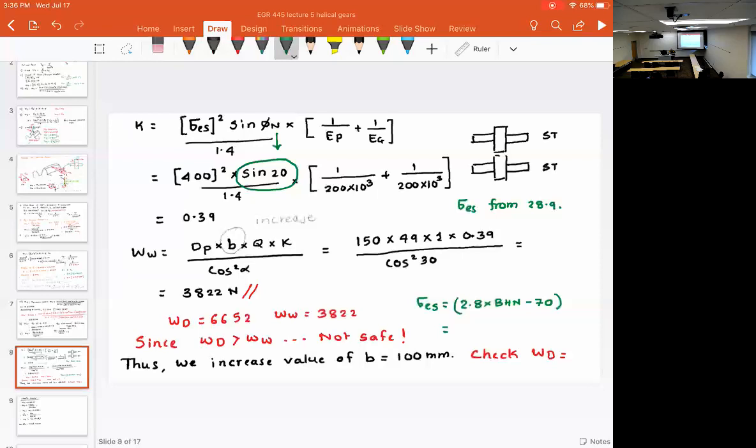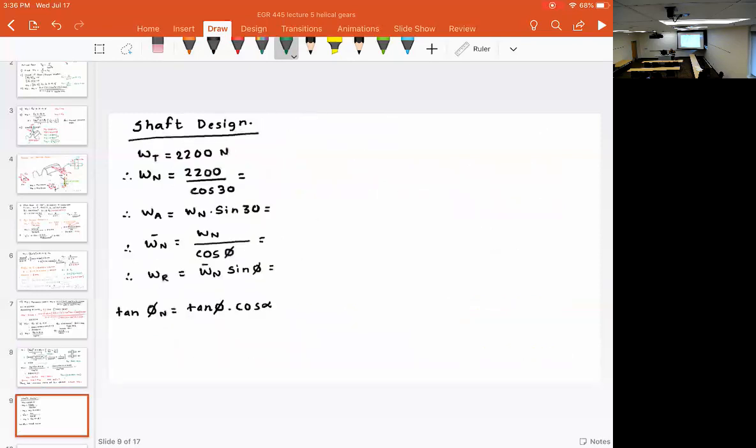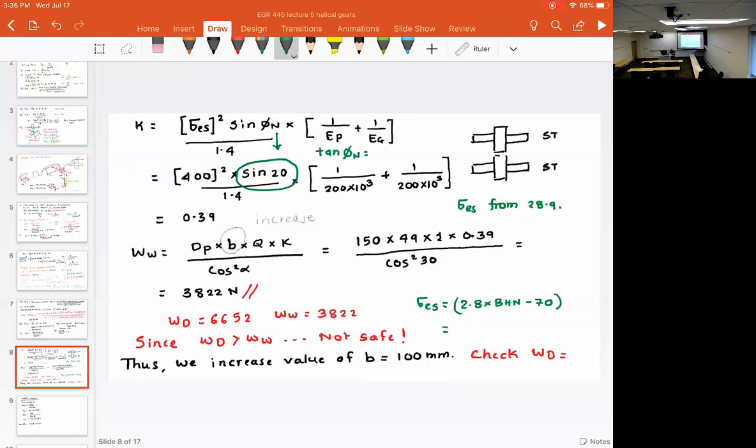And phi n, you have to find out with this relationship: tan phi n is equal to tan phi times cosine alpha. So just take a note.